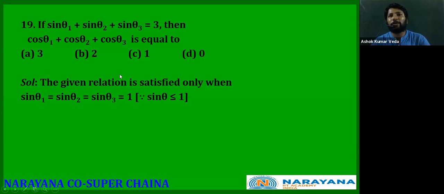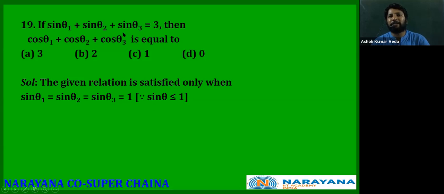If the sum is equal to 3, I can say the given relation is satisfied only when sine theta 1 is equal to sine theta 2 is equal to sine theta 3, which is equal to 1, right? Each of the terms must be equal to 1 because individually every term is less than or equal to 1.